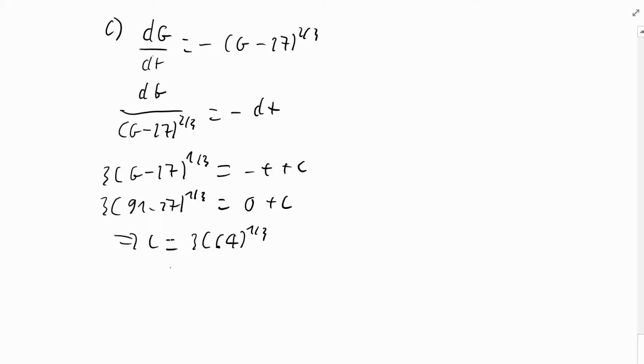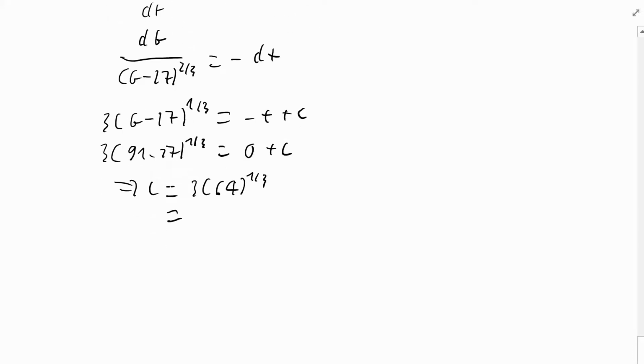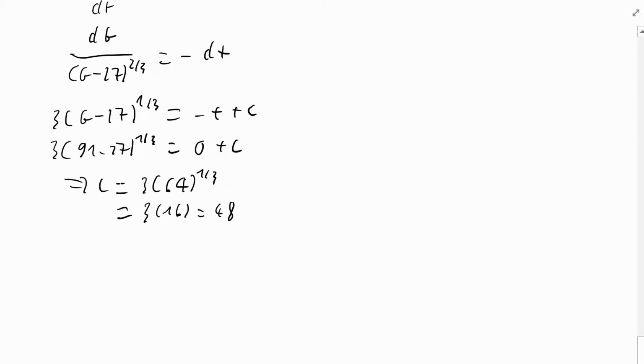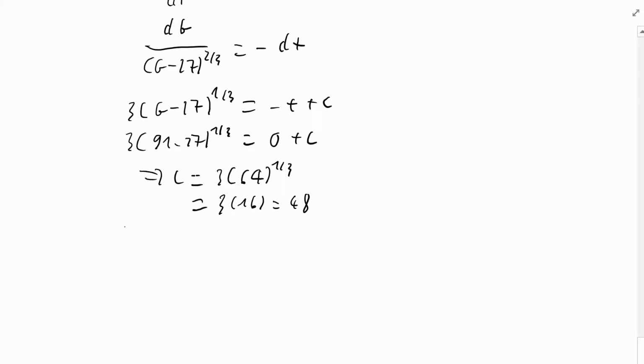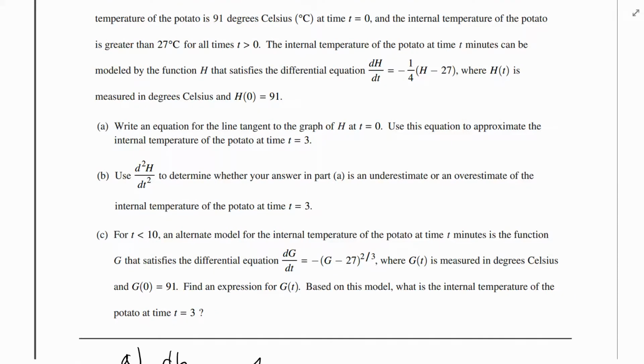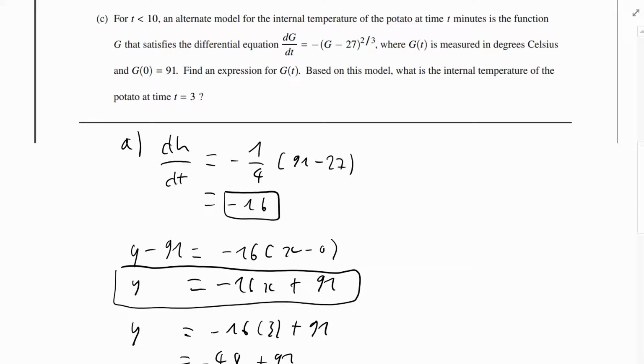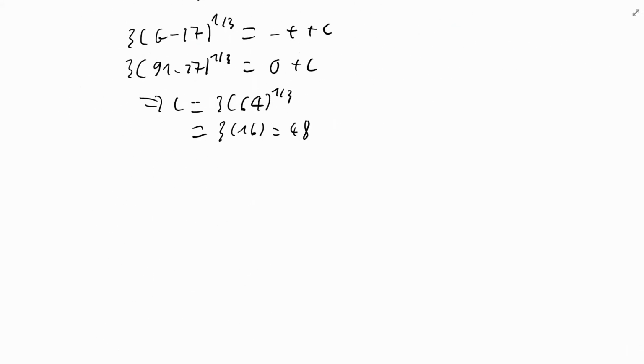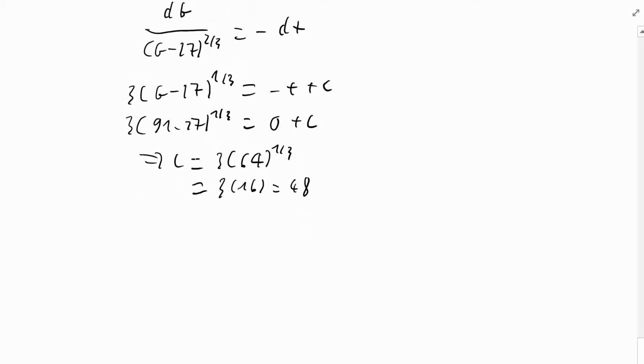64 to the 1/3 is 4, so c equals 3 times 16, equal to 48. And so you put c back in. It asks to find the temperature at t equals 3 for this model. So we have 3 times g minus 27 to the 1/3 equal to negative t plus 48.